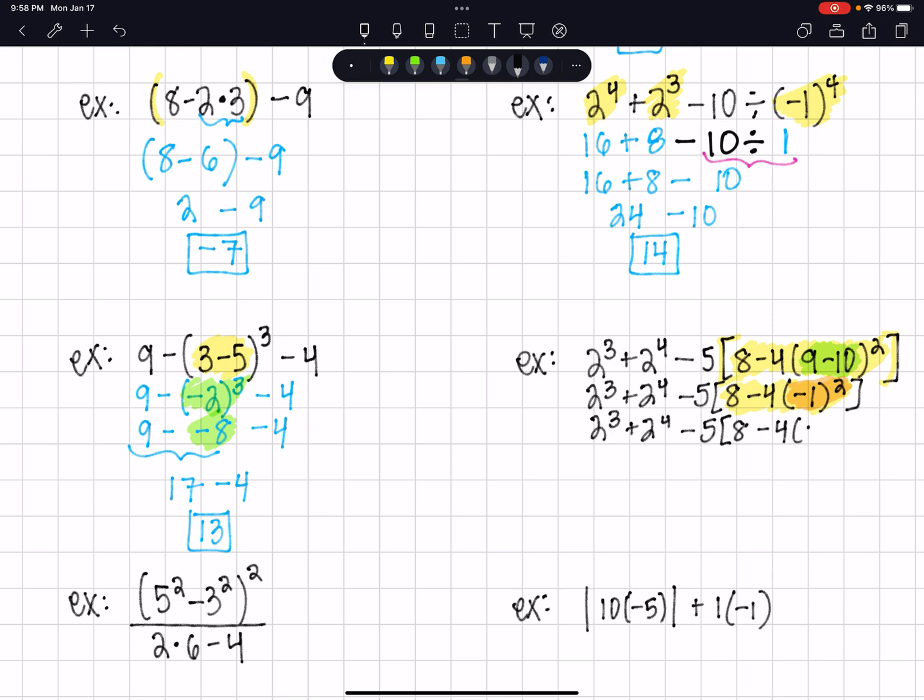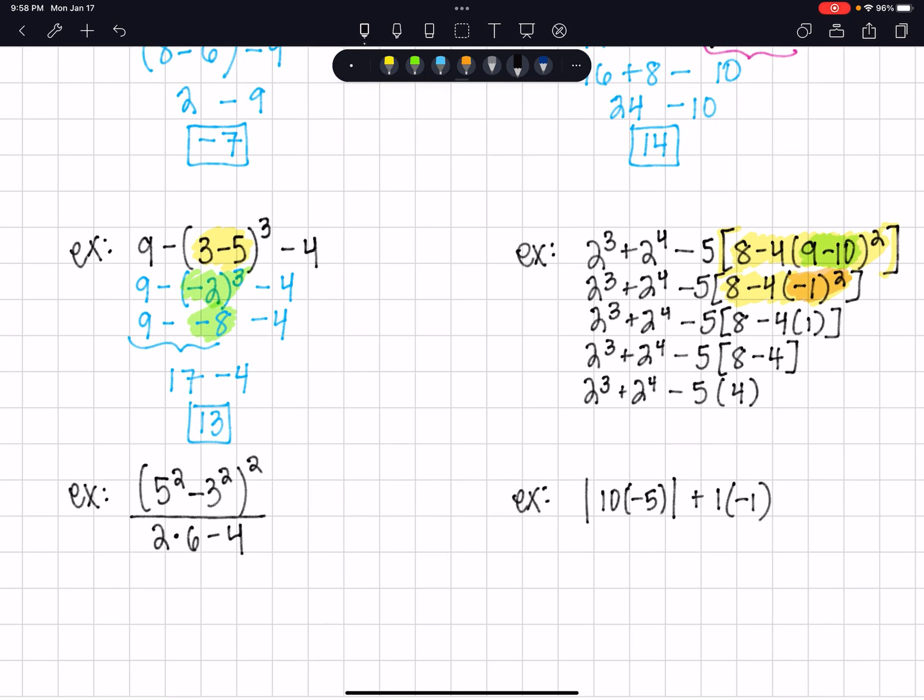Negative 1 squared is 1. 2 cubed plus 2 to the 4th minus 5. And then in the parentheses, we have 8 minus 4 times 1 is 4. 2 cubed plus 2 to the 4th minus 5 times 4.